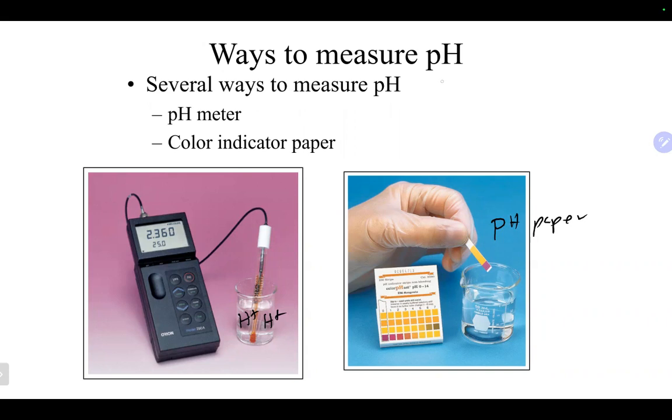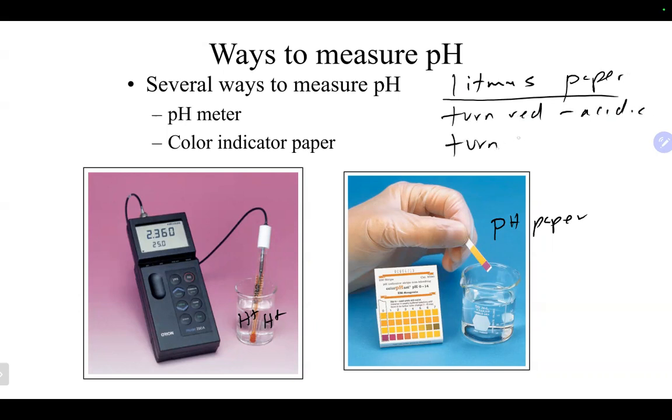Now, there are a couple other types of paper we use commonly with acids and bases, but they don't necessarily measure pH. Litmus paper will tell you if a solution is acidic or basic. Typically, if your litmus paper turns red or stays red, it's acidic. Again, it doesn't give you the pH. If it turns or stays blue, it is basic.